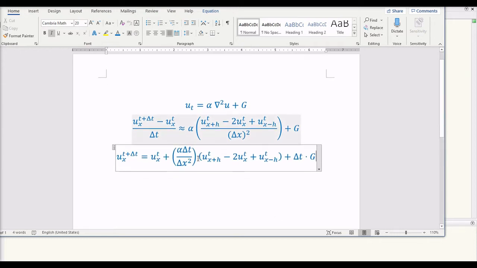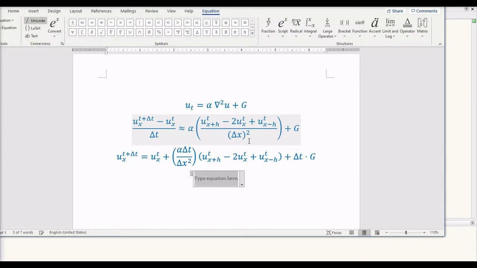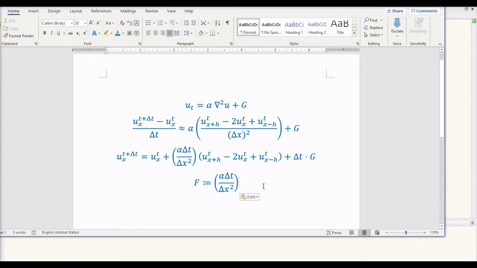Alright, so this term here is going to be related if you want to do some stability analysis on this method. So I'm going to take this term and define it to be some constant f. So f is defined to be equal to alpha times delta t over delta x squared. Some people will call this the Fourier coefficient or the CFL, the Courant-Friedrichs-Lewy constant. I believe those are the names. But this is usually related to the stability of a finite difference method.